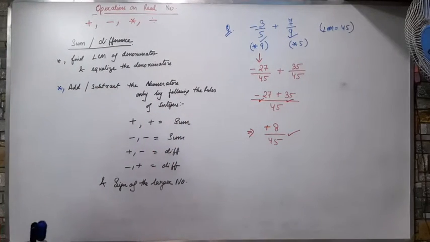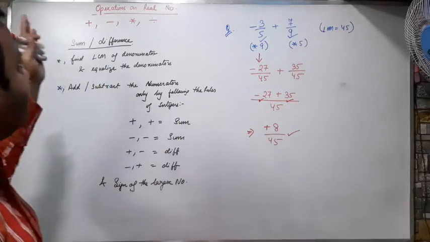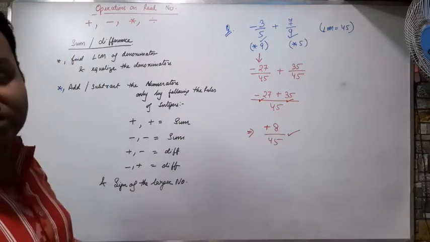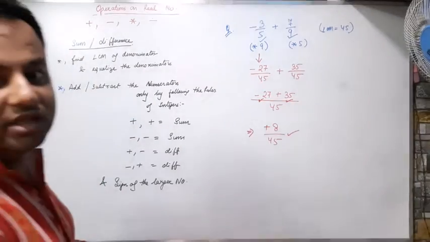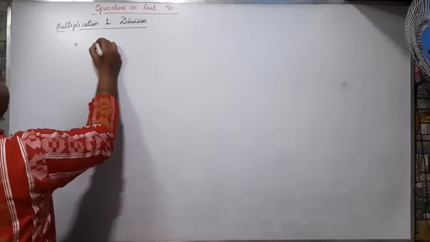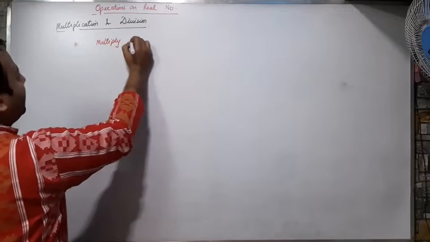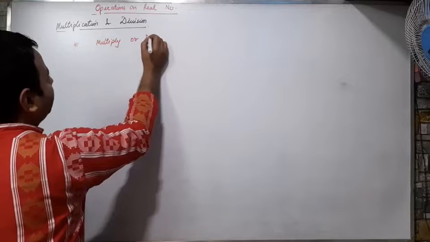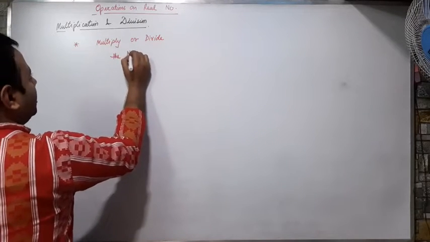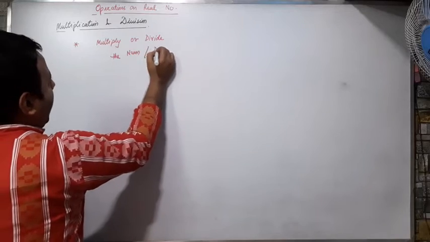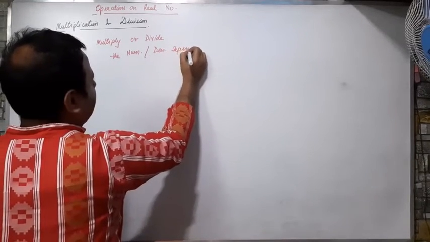So this is how addition or subtraction of real numbers is done. Then how to do the multiplication or the division? Multiply or divide the numerators and the denominators separately.